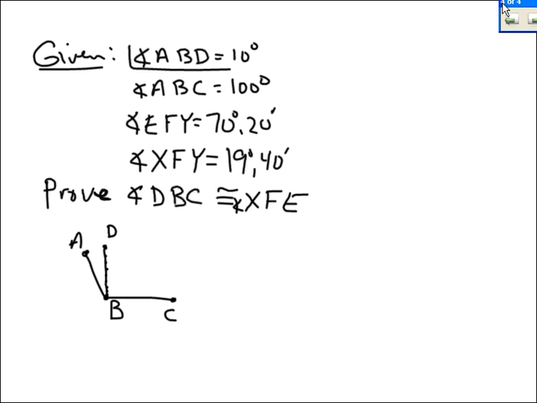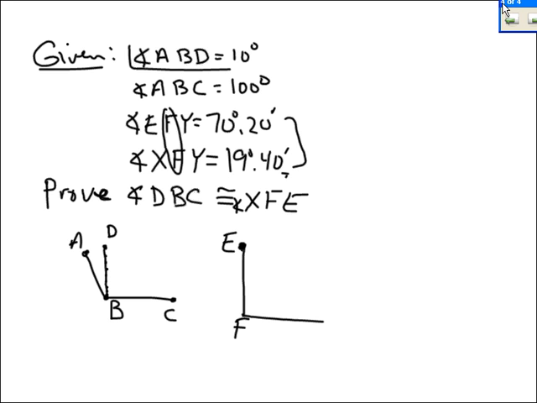Now, I notice in the next two angles, when I add them up, I get 89 degrees and 60 minutes. But 60 minutes is a full degree. 89 degrees and 60 minutes is 90 degrees. So, it seems like I have this right angle. And F seems to be in the middle. Now, you have EFY.